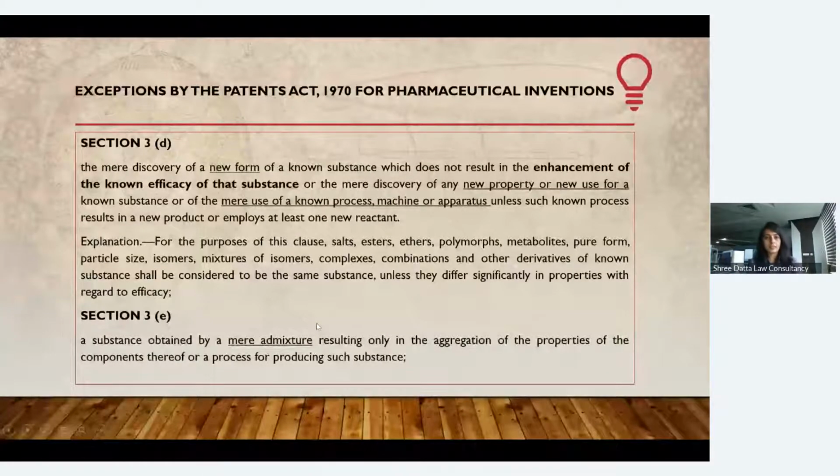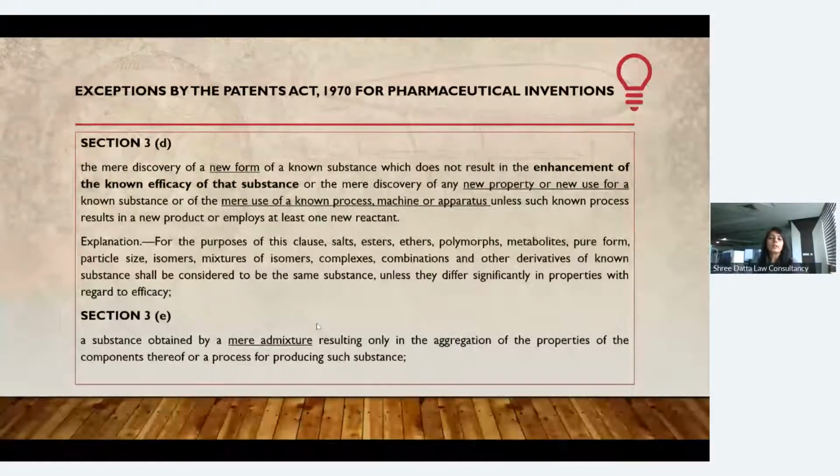Now, what are the exceptions related to pharmaceutical inventions? One is section 3(d), as you all know, which relates to any new form not having an enhancement in efficacy. So that can fall into section 3(d).